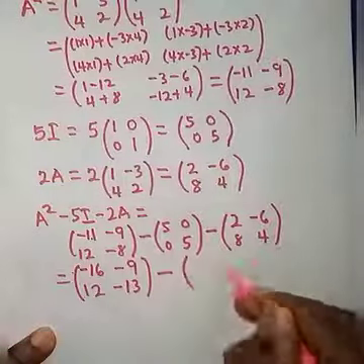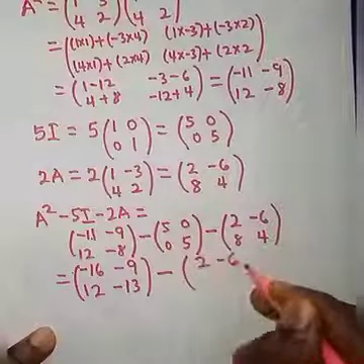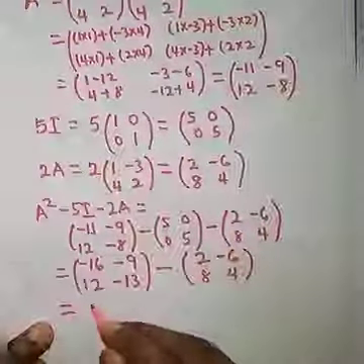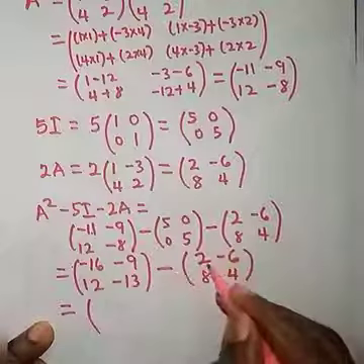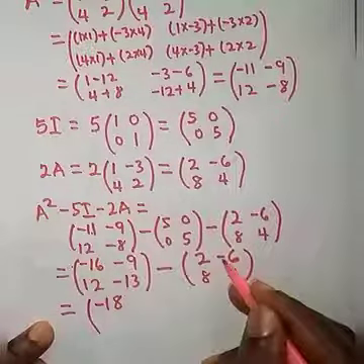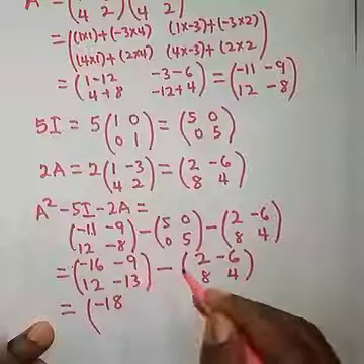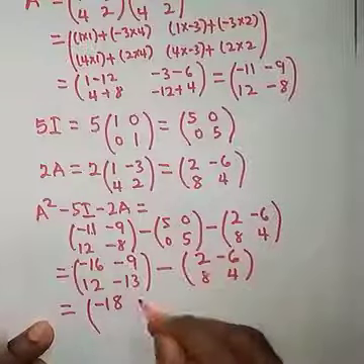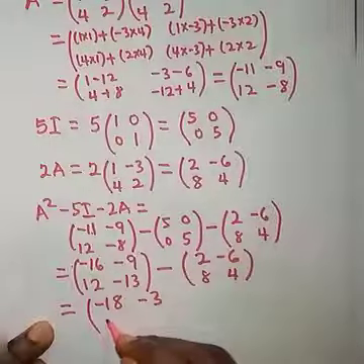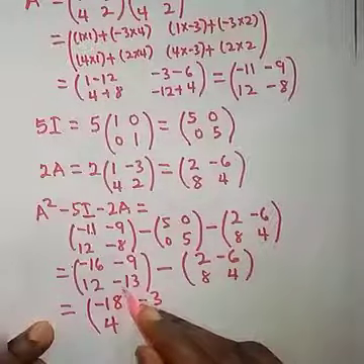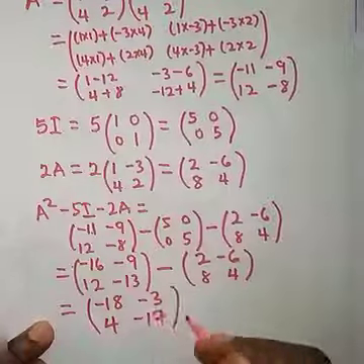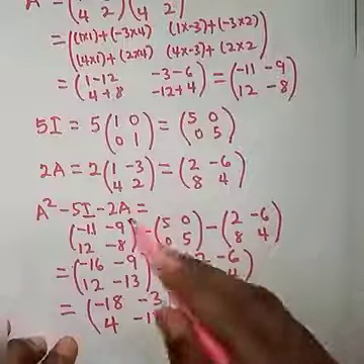Then minus what we have here, this is 2, minus 6, 8, and 4. And this gives minus 16 minus 2 gives minus 18. Minus 9 minus minus 6, that's minus 9 plus 6, which is minus 3. And then 12 minus 8 gives 4. And minus 13 minus 4 is minus 17. So this gives the value of this expression.